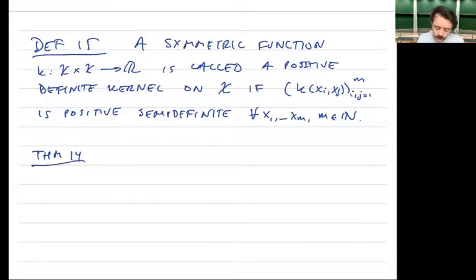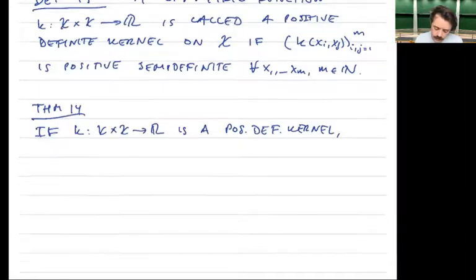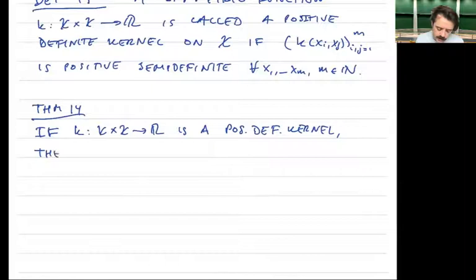So if k is a positive definite kernel, then there exists a Hilbert space.